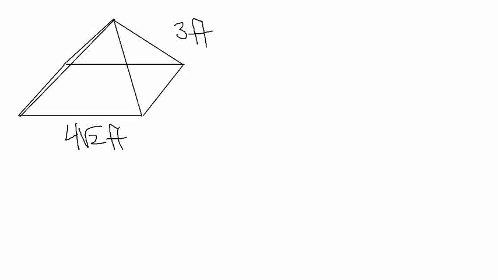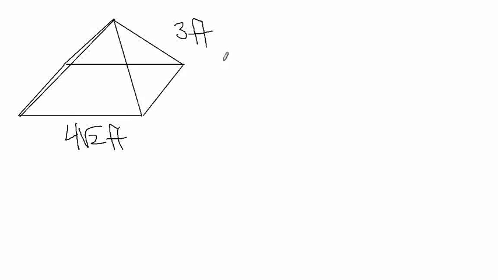So I've drawn a regular pyramid with a square base with sides of length 4√2 feet and an altitude of 3 feet. Would you please calculate the volume and surface area of that pyramid? So pause the video and try to do that now if you like, please. All right, so I'll go ahead and work it out as well.